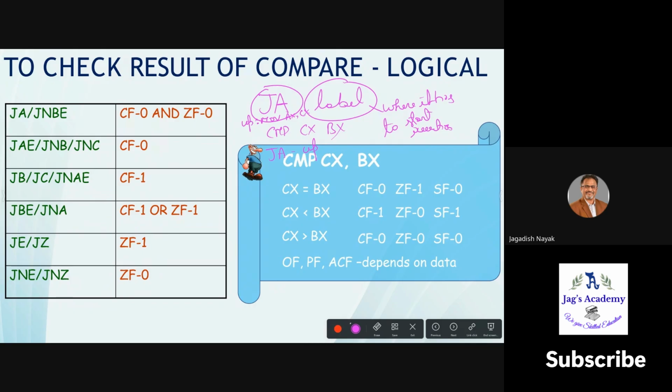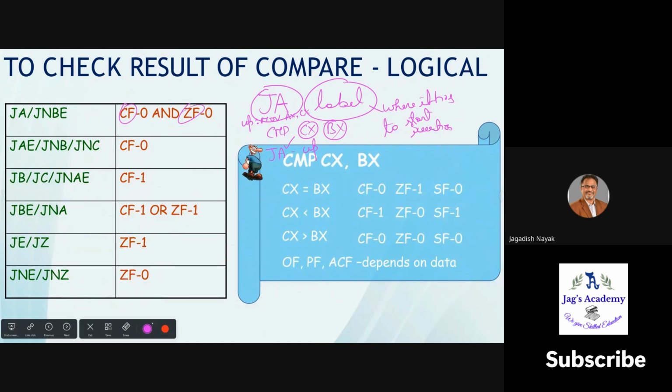Jump on above means if CX is greater than BX. It will check the carry flag and the zero flag.